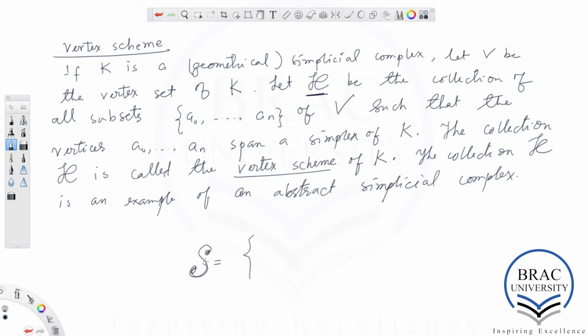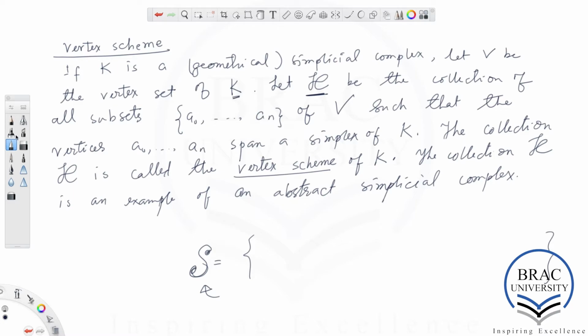It will be a collection of sets, so that each member of this collection will be a simplex in the given geometrical complex K. So this is the way we construct an abstract simplicial complex out of the given geometric simplicial complex. Okay, good.